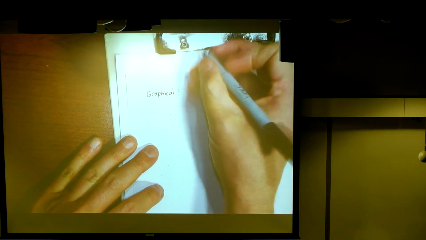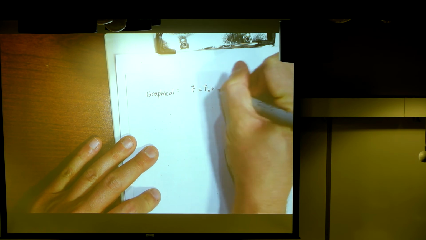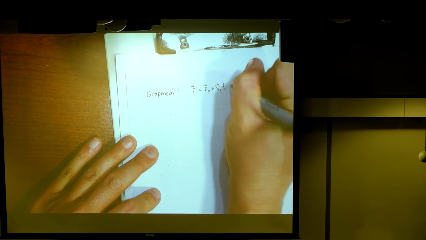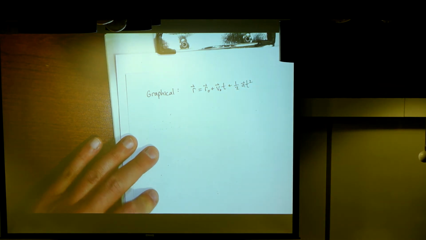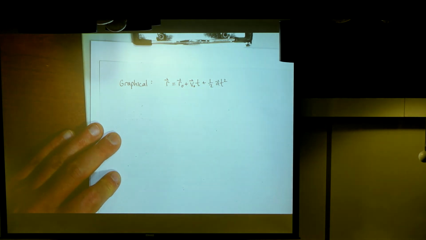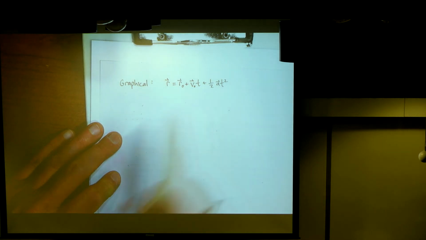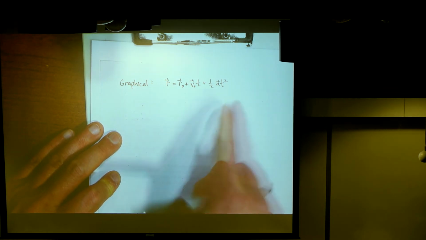So we're dealing with the same equation, okay? R equals R naught plus V naught T plus a half AT squared. We're still dealing with this equation. But this time, I don't want to break it down into components. Instead, I'm going to draw some kind of diagram that describes what's going on in this equation, okay?